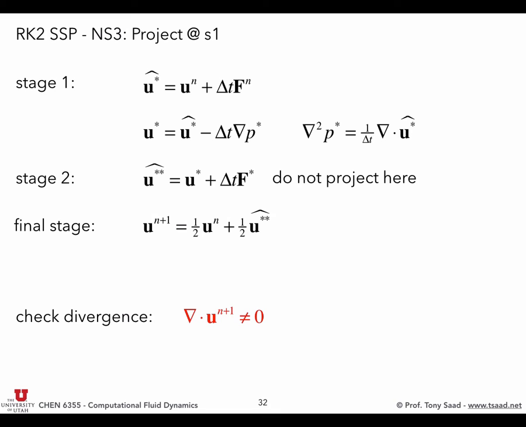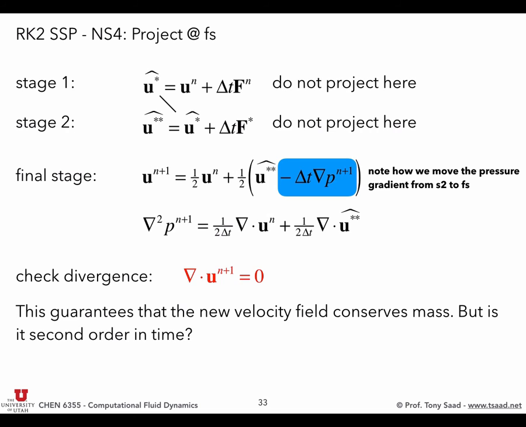Don't project. What if we don't project in the intermediate stages? So what if we just get the first slope, the second slope, and then only project at the last stage? Okay? So that changes your equations a little bit. We guarantee that div u n plus 1 is 0, but the question is, is this still second order?